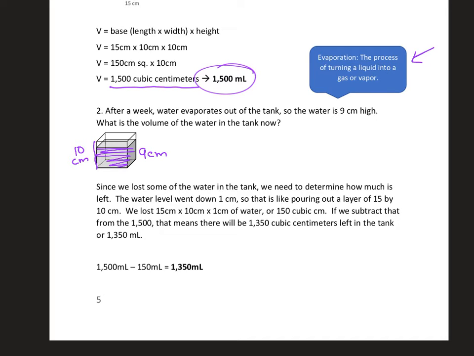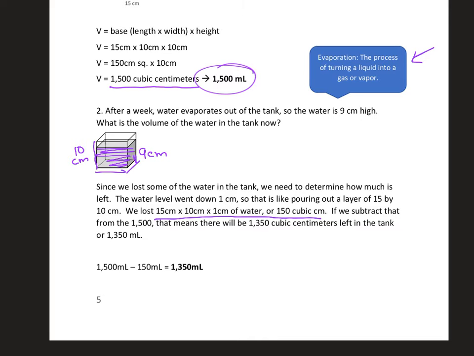So you lost 15 centimeters, which was the length, times 10 centimeters, which was the width, times 1 centimeter of height. That's how much was gone, in one layer. If you multiply 15 times 10 times 1, you're going to get 150 cubic centimeters.